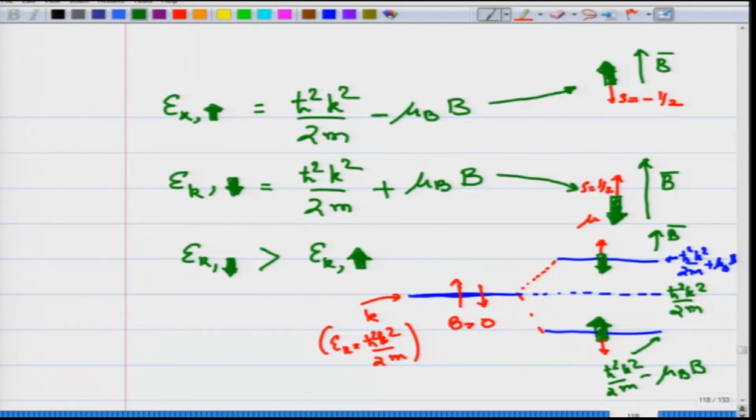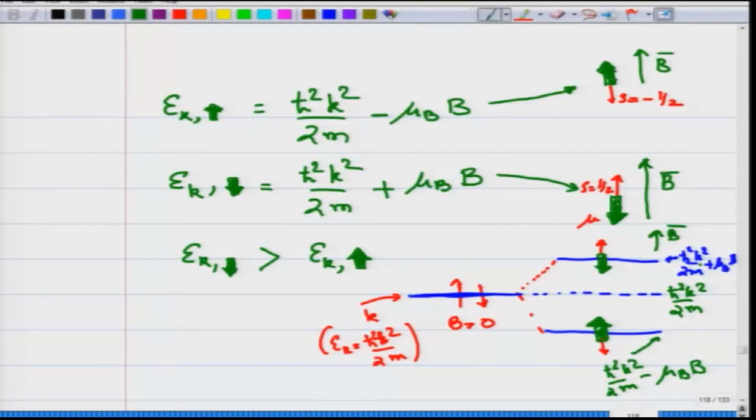So with respect to this h cross square k square by 2m level, the up and down moments are shifted in the presence of a magnetic field, and this we will try and analyze. This is true for all electrons inside the solid, because all the electrons inside the solid are these small bar magnets which have a magnetic moment mu B, and it can be either in the direction of the magnetic field or opposite.